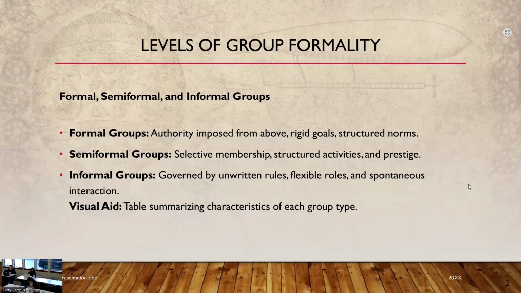Rigid goals, structured norms, so a lot more structure. Semi-formal groups have selective membership, structured activities, and some prestige. Informal groups governed by unwritten rules. They're a lot more flexible in roles, spontaneous interactions. And I'm not sure what that bottom thing is.